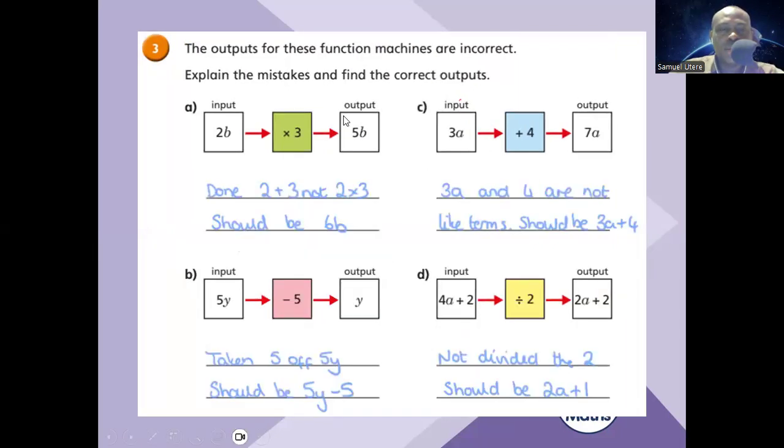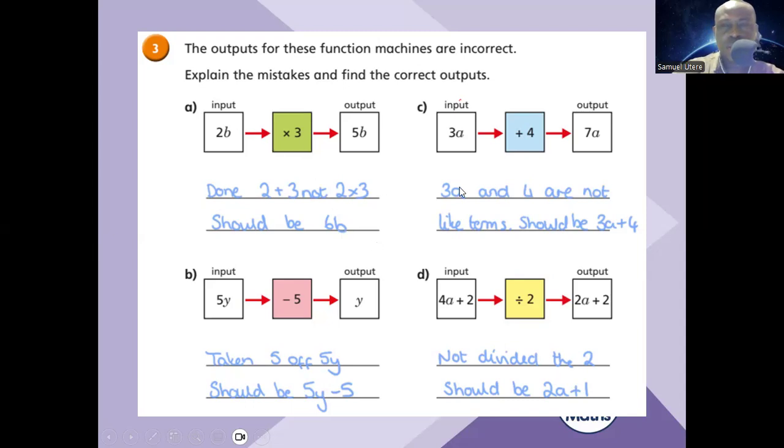Okay, so they're asking you to explain the mistake and find the correct output. So here, the person was adding instead of actually multiplying. So the correct output should actually be 6b. So if you remember, 2b, you can multiply the number with the number and then you write the letter next to it.